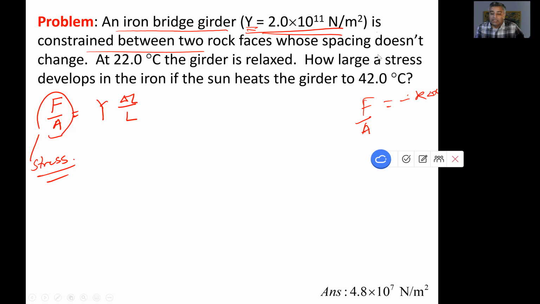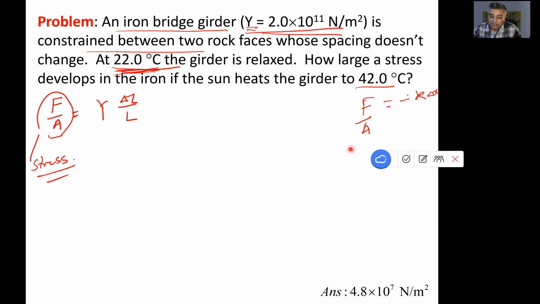Okay. Now, in this case, it says the temperature goes from 22 degrees Celsius to 42 degrees Celsius. The change in temperature in Kelvin versus Celsius is the same. The temperatures themselves are not the same, but the change is going to be the same.